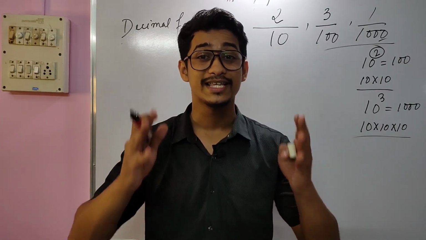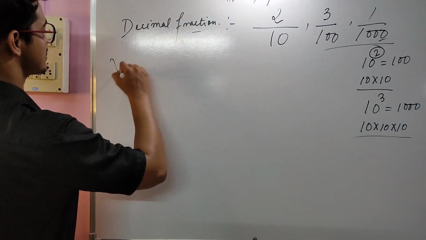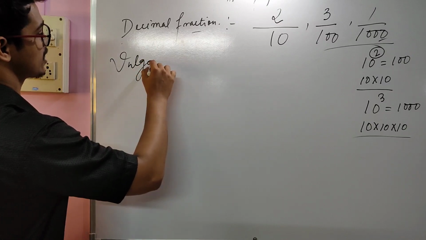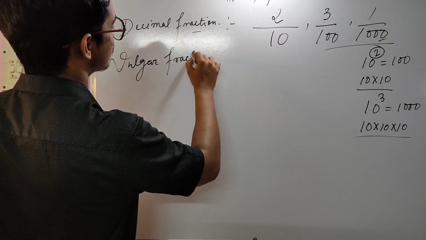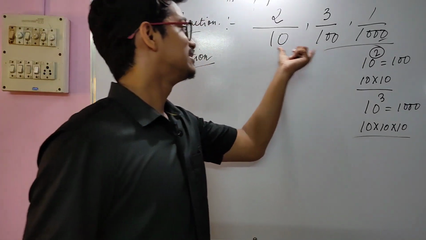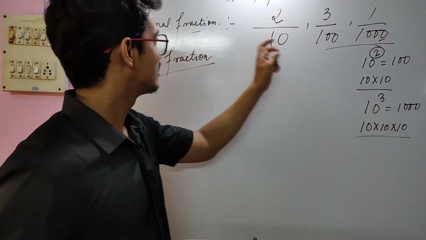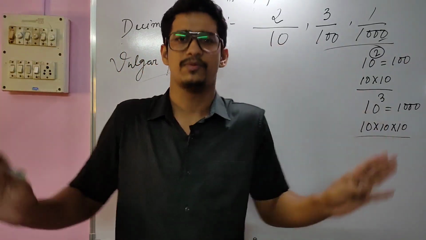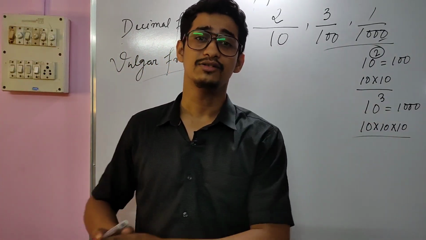So the next fraction is the vulgar fraction. Vulgar fraction is nothing but, except decimal fraction, whatever the fraction may be, that comes under vulgar fraction.